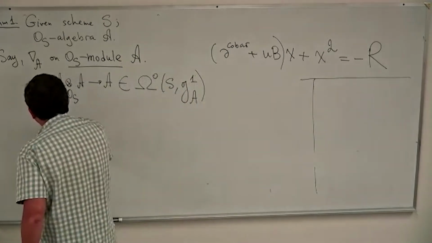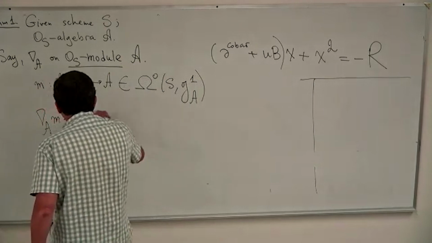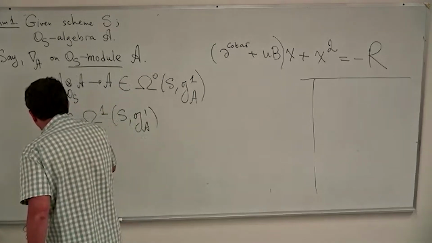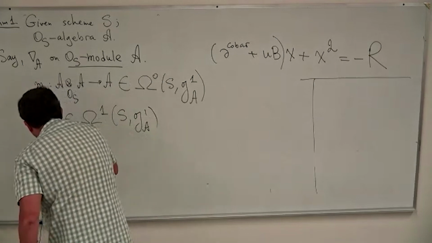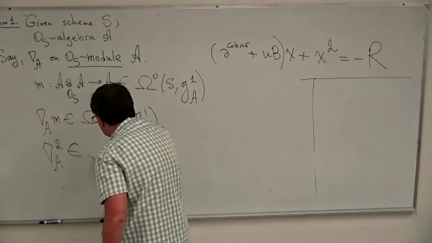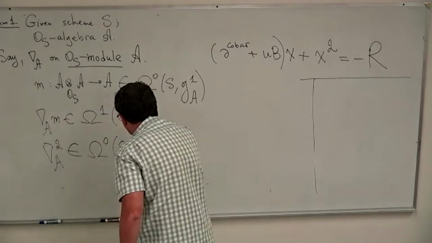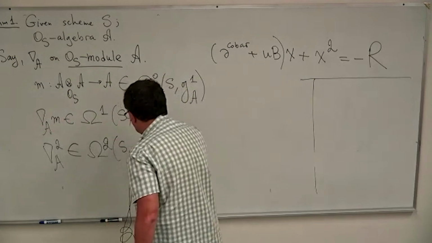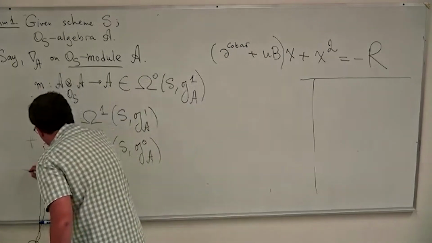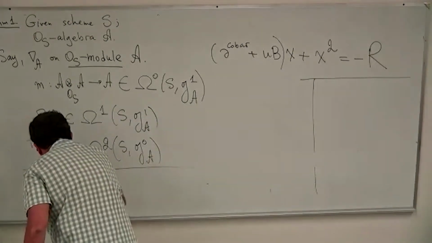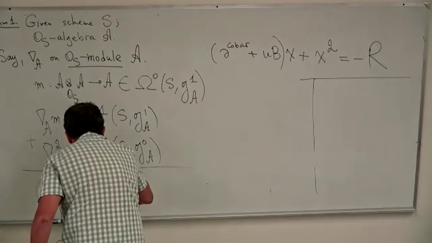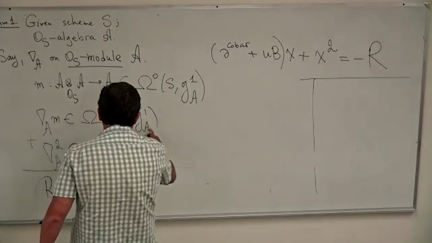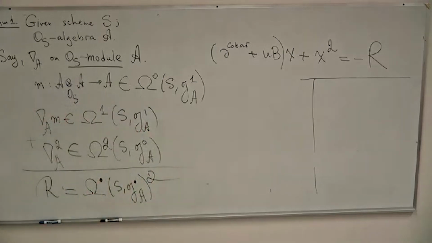And also of total degree, I think 2. Correct? 1 plus 1 and 0 plus 0.